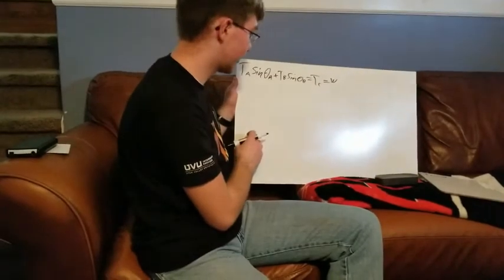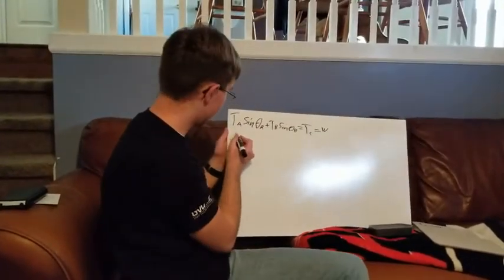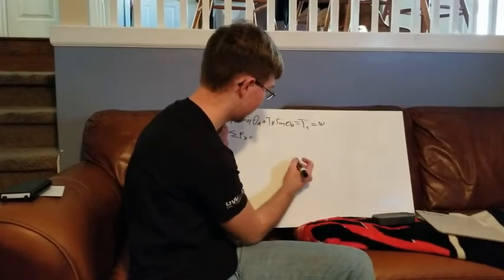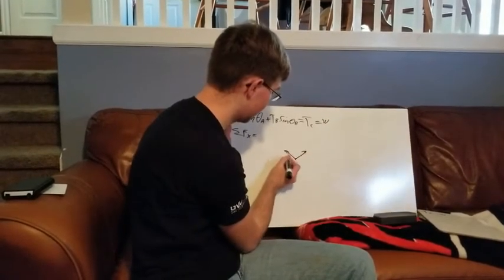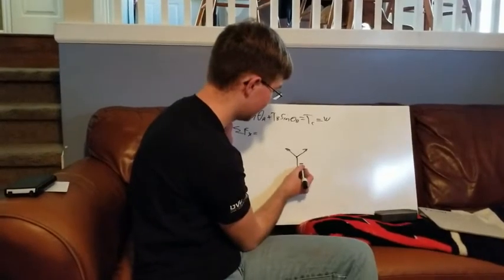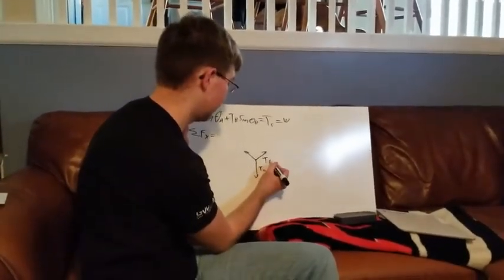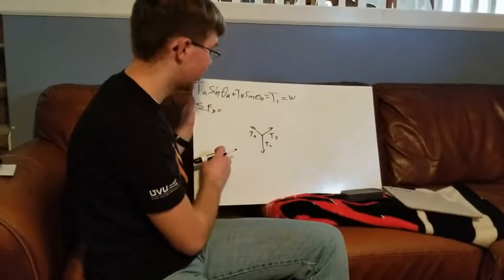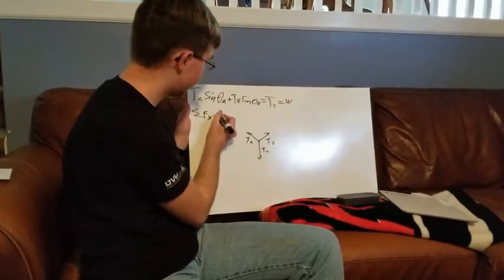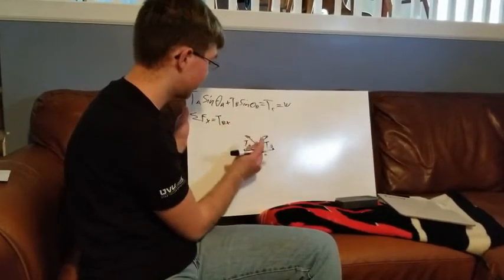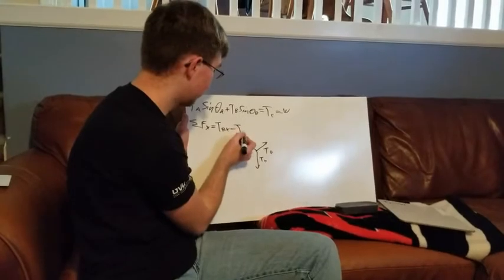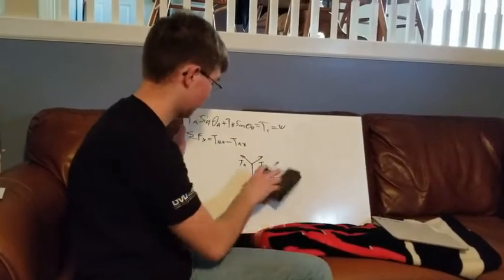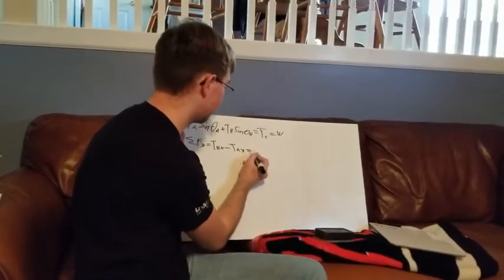So now I need to do Newton's second law for the x direction. So the sum of forces in the x direction equals, I'm going to draw my free body diagram again of this direction, and this direction, tension C, tension B, and tension A. So in the x direction, I just have tension B in the x direction minus tension A in the x direction, and that equals 0.